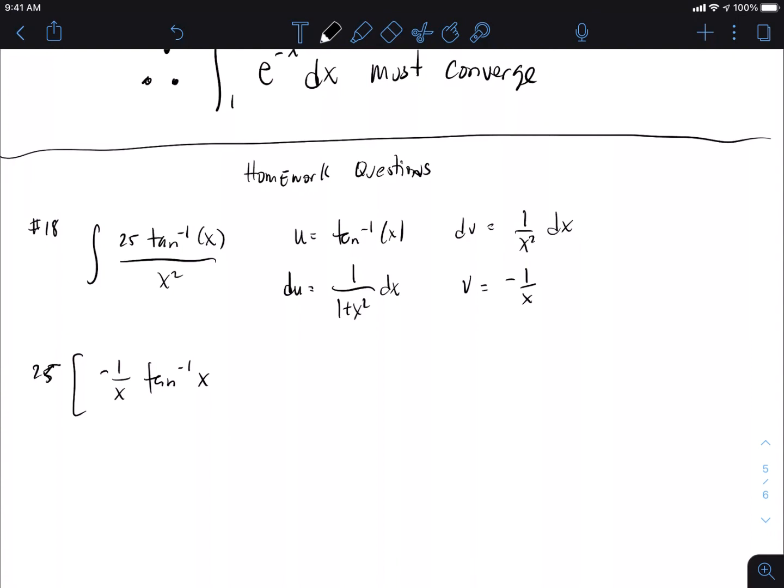And then minus the integral of v du. The minus is going to give me a plus. And so I'm going to get 1 over x times 1 plus x squared dx. Agreed?